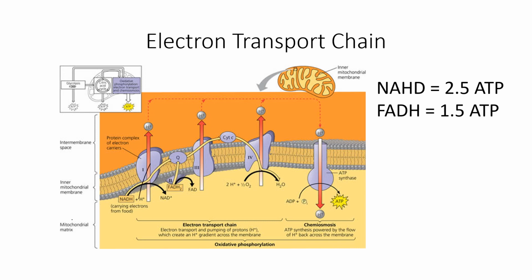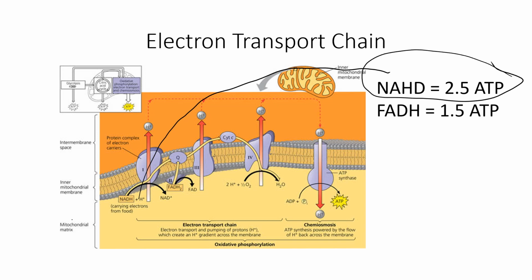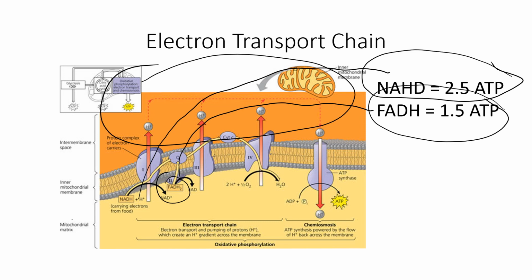What we know is that each NADH molecule contributes enough to the hydrogen ion gradient that about 2.5 ATP are made for each NADH molecule. Compared to FADH2, which contributes less to the gradient, and by consequence for each FADH2, only 1.5 ATP are formed. And again, that's because it contributes less to this hydrogen ion gradient, contributes less to ATP synthase rotating, so less ATP are created for each FADH2.